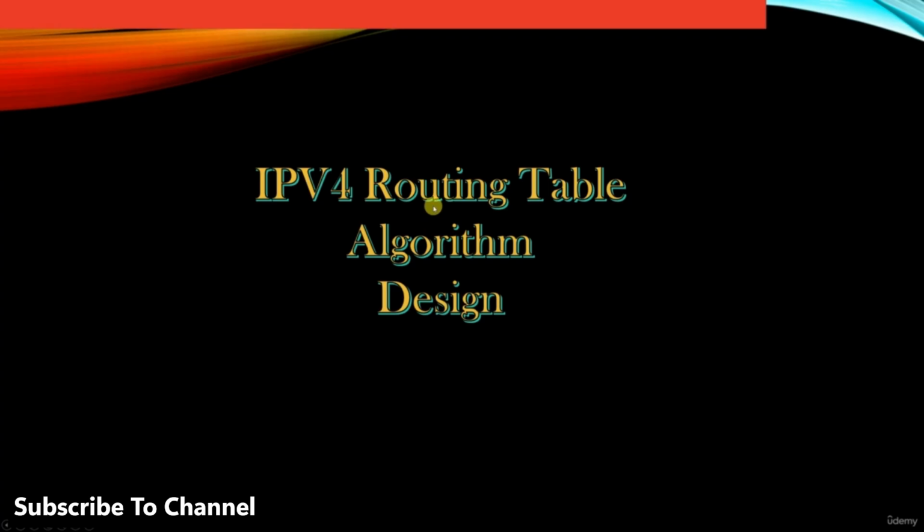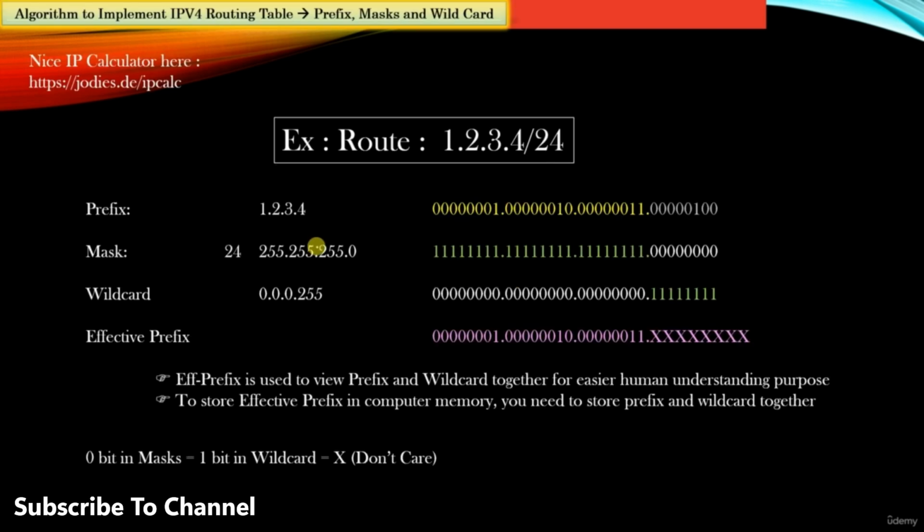So guys, now let us start with the discussion of the data structure and algorithm required to design and implement a routing table. Before going forward, let us make ourselves familiar with some keywords. The keywords are prefix, mask, and wildcard. So let us get ourselves familiar with the definitions of these keywords. Let's say you have an IPv4 route as an example, which is 1.2.3.4/24.